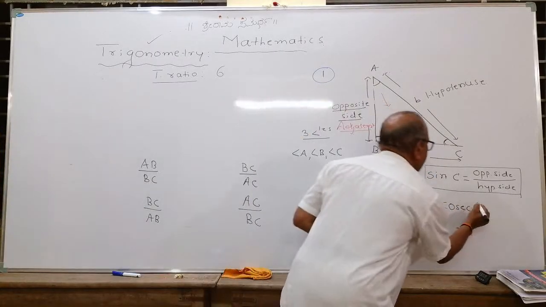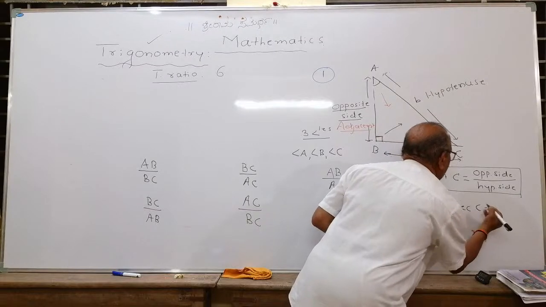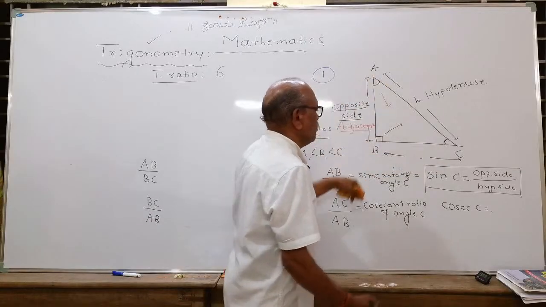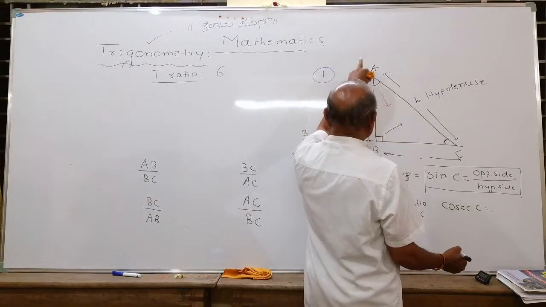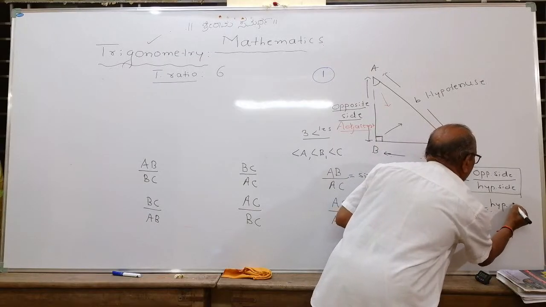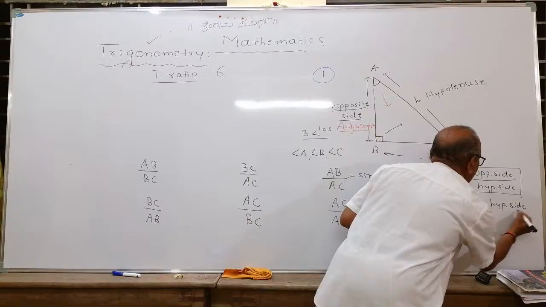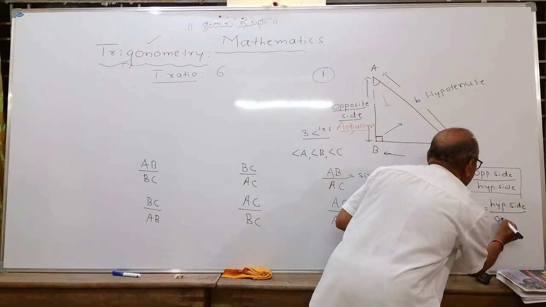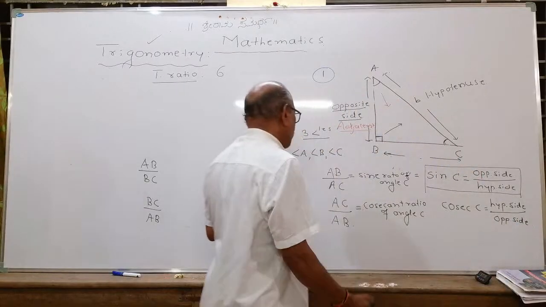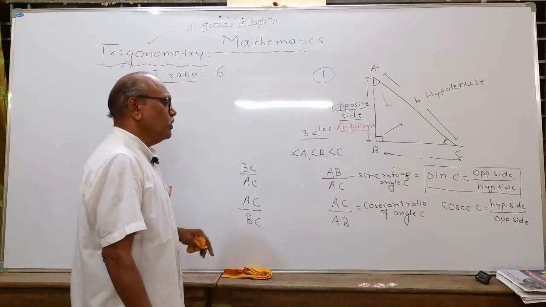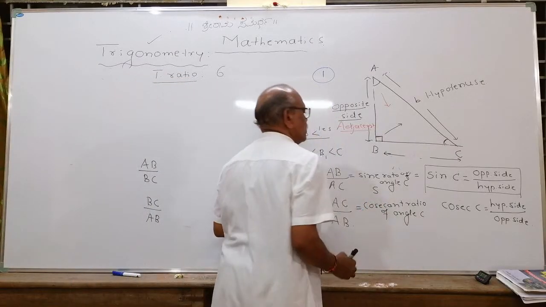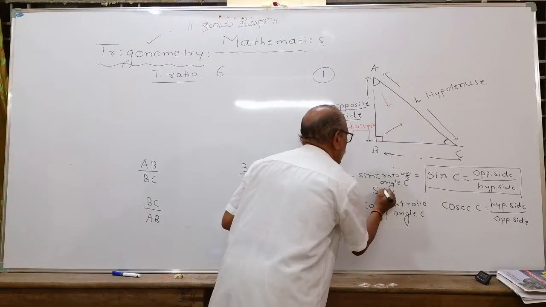And cosec C, what is the definition of cosec C? We take the reciprocal of it: hypotenuse upon opposite. The second ratio you got is hypotenuse side upon opposite side. You can remember sin C with the short form SOH.